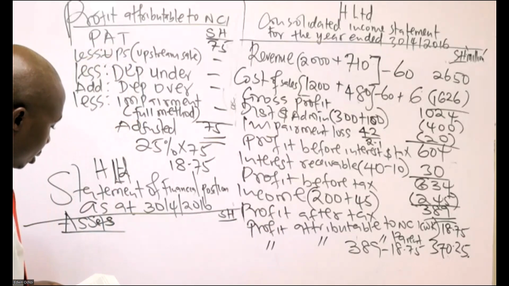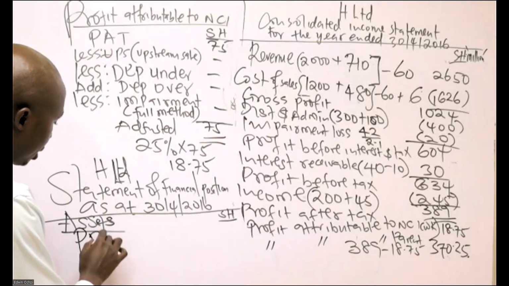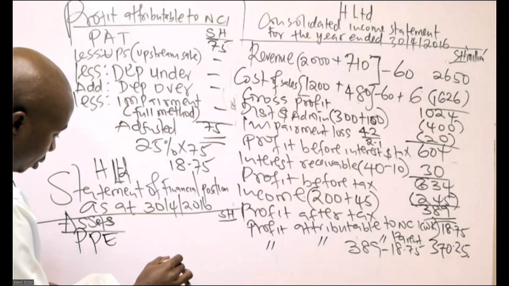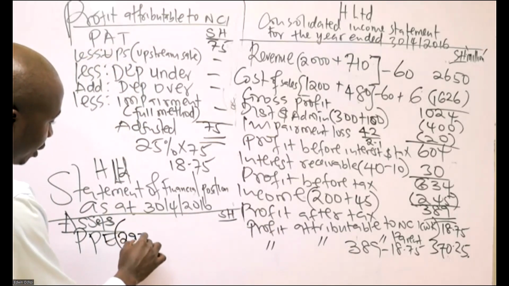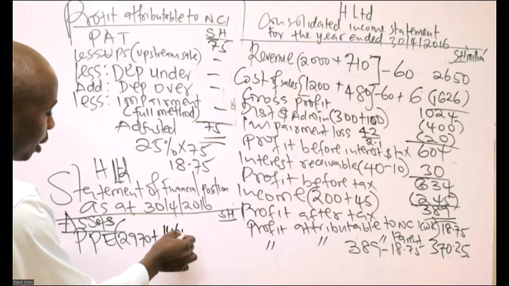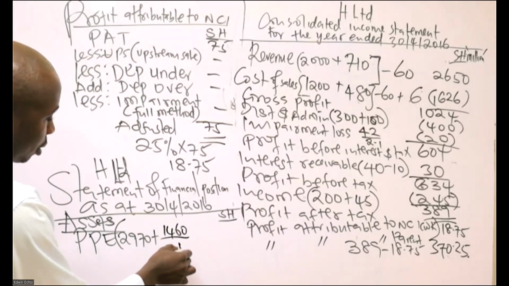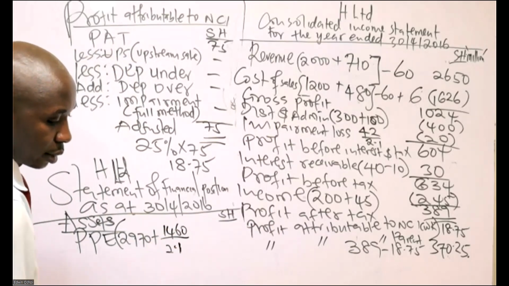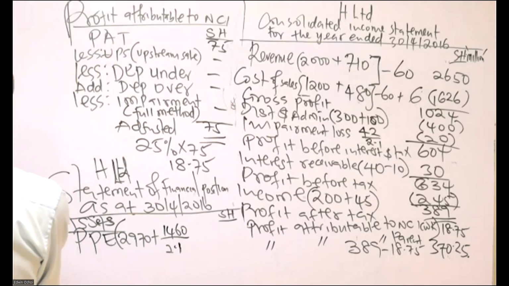So assets, we have PPE, property, plant and equipment. 2970 plus what? For example, you could have said 1460 divided by 2.1. But already we know they translated. We don't have to do this.